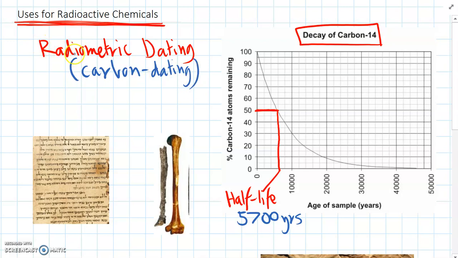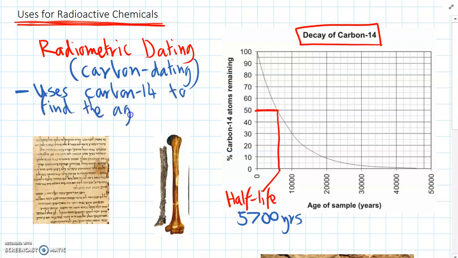So radio meaning radioactive, and metric meaning we're measuring. So radiometric dating uses carbon-14, and we use the half-life of it to figure out the age of different materials.